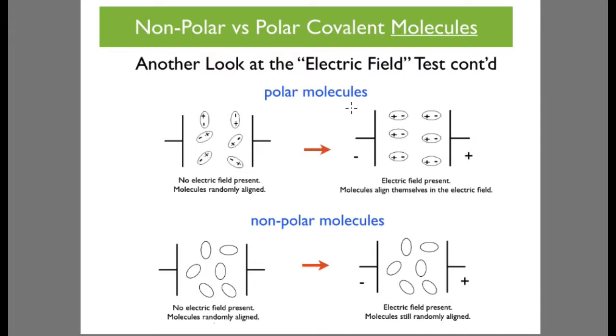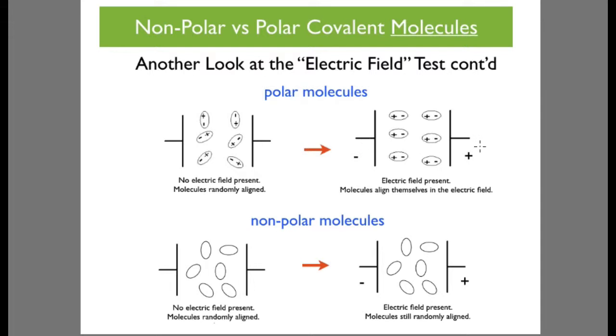With polar molecules, if you place them between electric plates with a negative charge and a positive charge, then when there's no electricity passing, the molecules will just be randomly aligned.